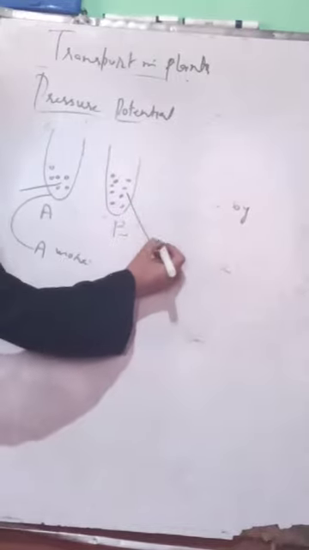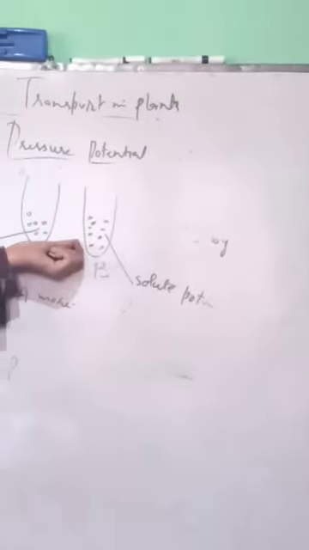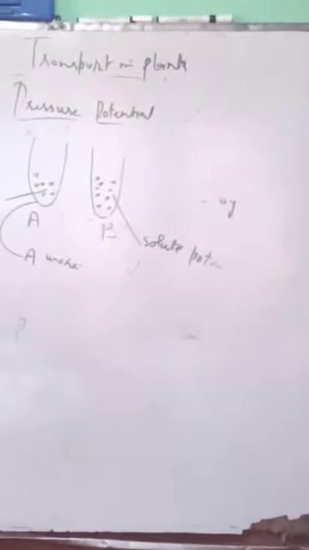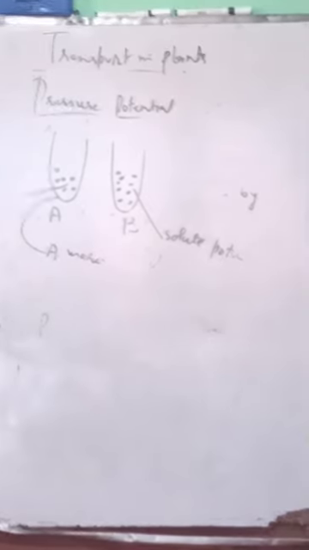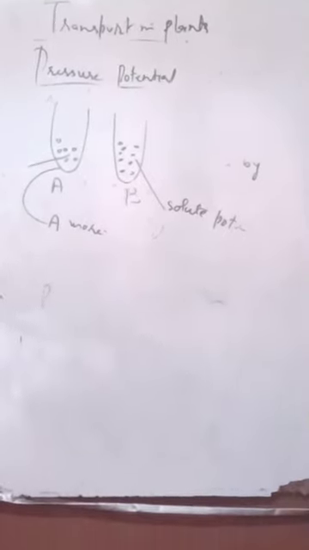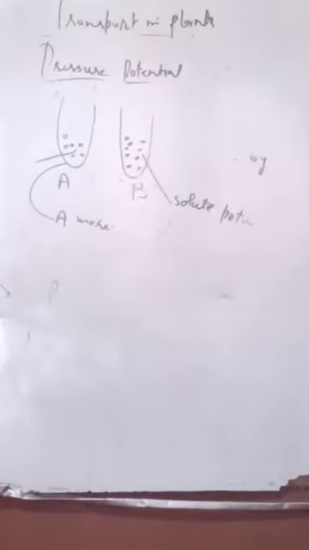B has more solute because molecules are in plenty there. So B has a lower water potential, and A has a higher water potential.